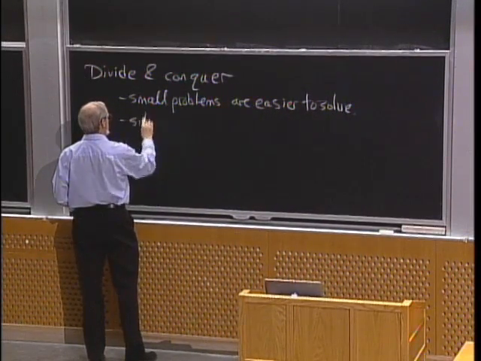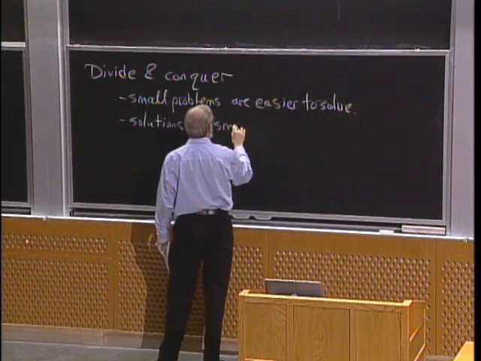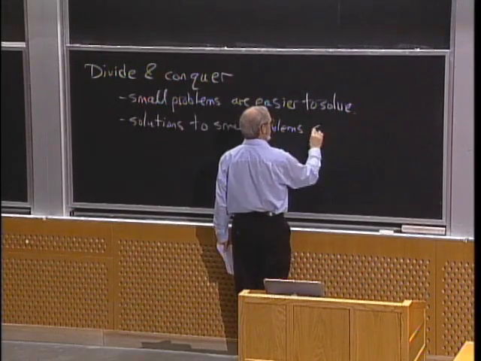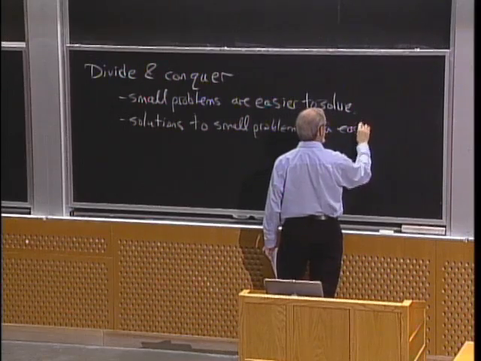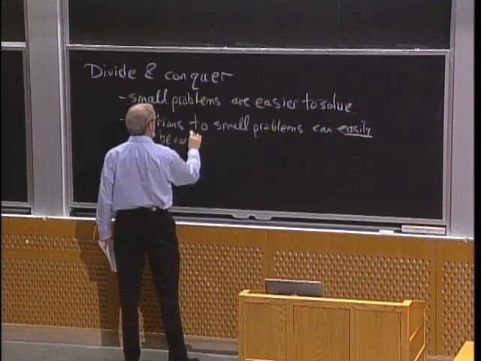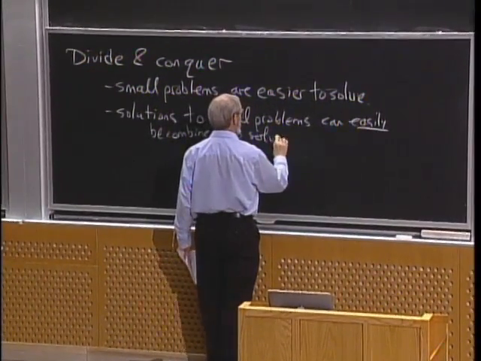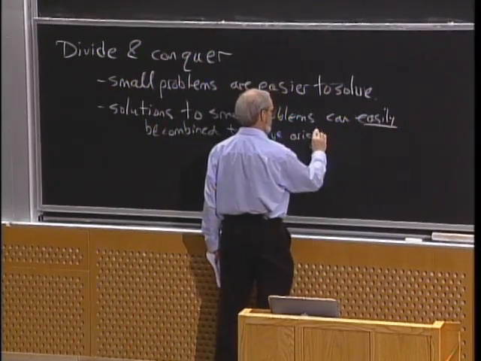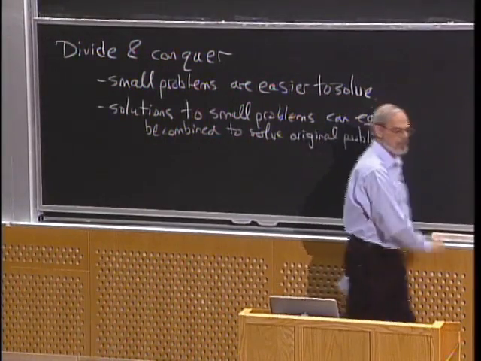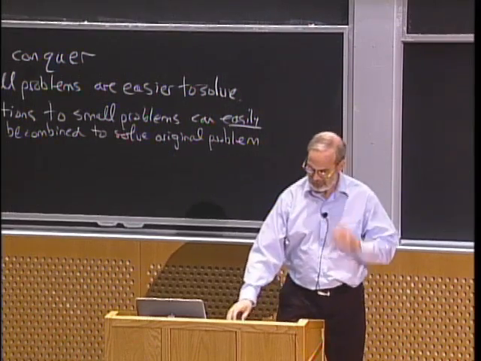More importantly, the solutions to the small problems can easily be combined. I want to stress easily, to solve the big problem. And we're going to look at a bunch of examples today to show that.